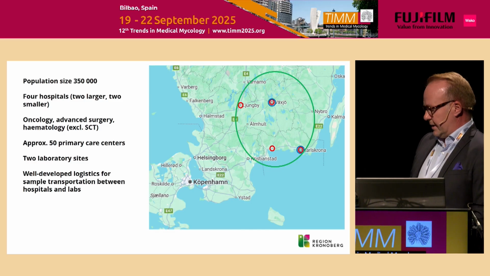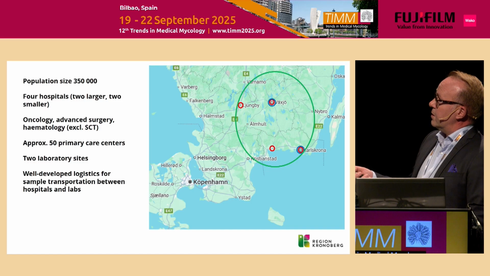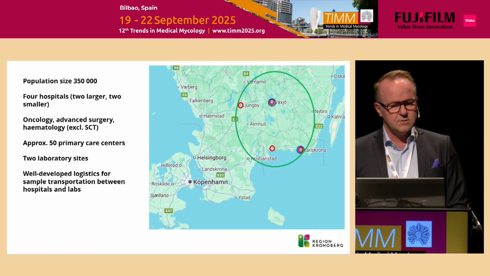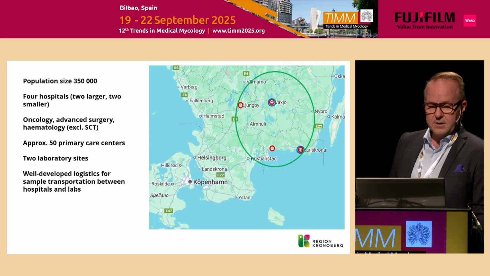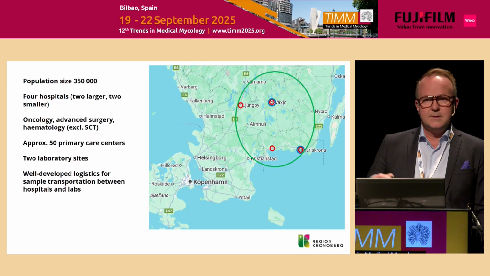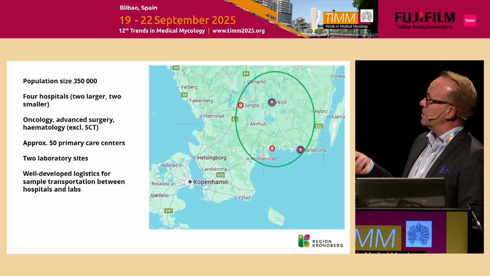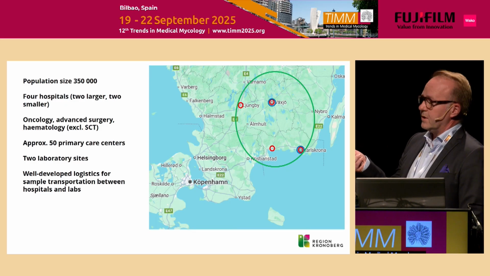This is the part of Sweden where I work, and our most important task is to serve the population of this geographical area. Our population size is roughly 350,000. We have 4 different hospitals marked here with red markings, 2 smaller ones, 2 larger ones, the larger ones being these with blue markings.